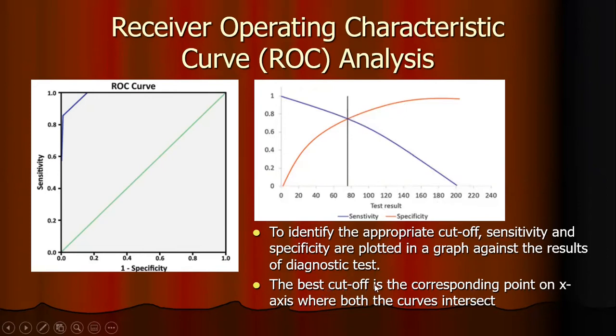Where both the curves intersect at this point is the best cutoff or best trade-off between sensitivity and specificity. Of course, we can move this diagnostic cutoff towards left or right to increase the sensitivity or specificity as desired.